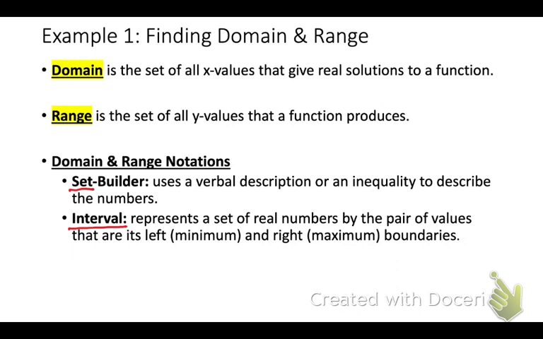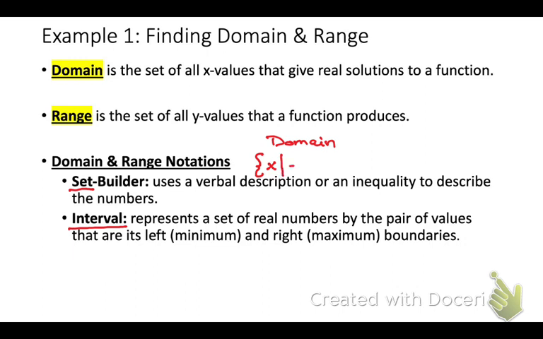Sometimes the words don't mean a whole lot to us. It says it uses a verbal description or an inequality to describe numbers. So on set notation, I have these little squiggly lines. And if I'm talking about domain, those are x values, yes. So I have domain, and this line right there, we say such that.